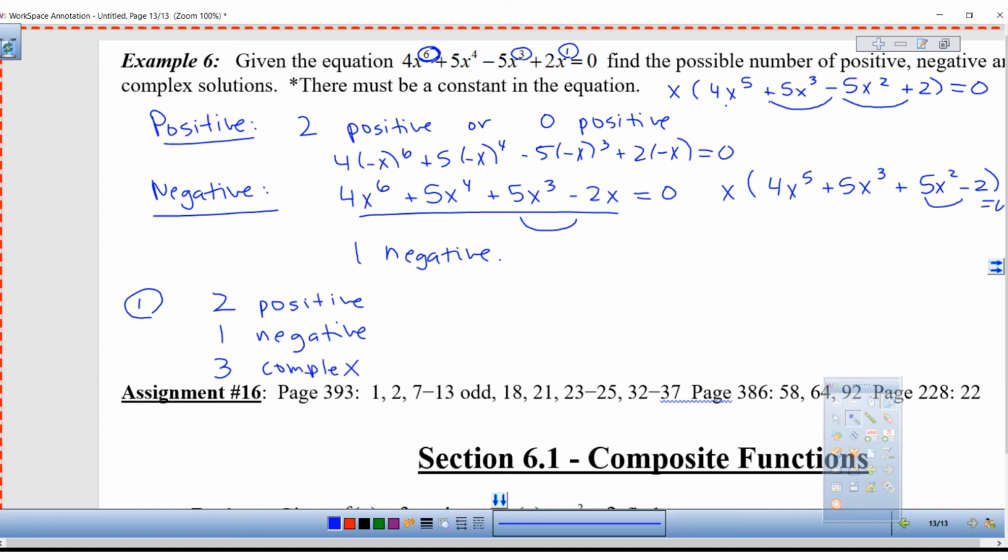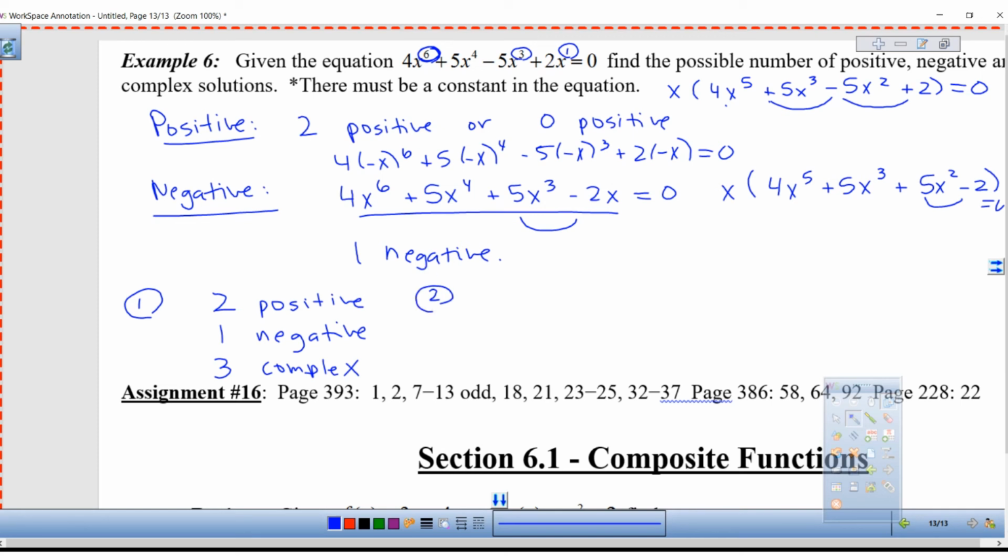Now, just because they are complex, the imaginaries have to come in pairs, but it's possible that you could have one root that has a square root in it that doesn't come in a pair. So an odd number of complex is fine. Another option, you know you're going to have 1 negative.